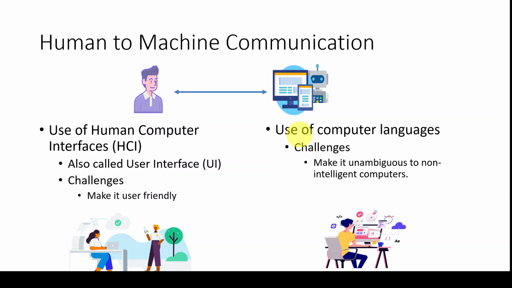And we use those languages to communicate our solution to the computer, which the computer is going to execute or run or interpret. So you can see that this human to machine communication is one of the key parts of ICT professionals, especially if someone is in the software development field.